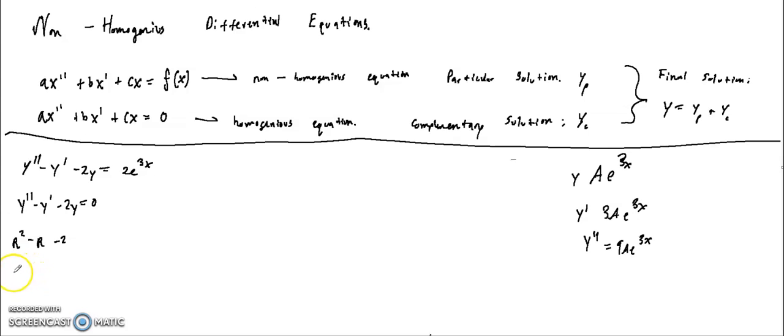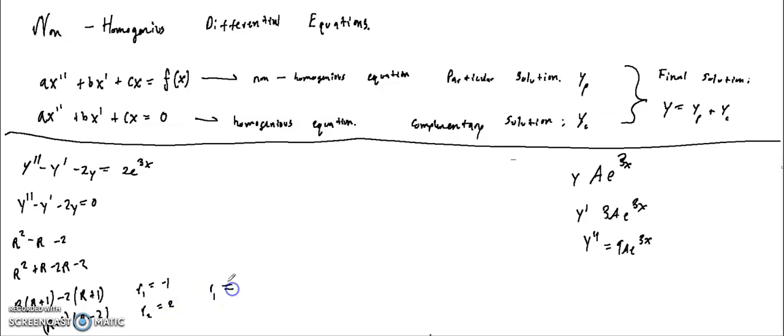Negative 2 and 1 is factorable, so r squared plus r minus 2r minus 2, r plus 1 minus 2 times r plus 1. So we get r plus 1 and r minus 2. So we get r1 equals negative 1, r2 equals 2.